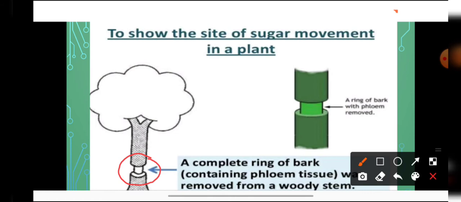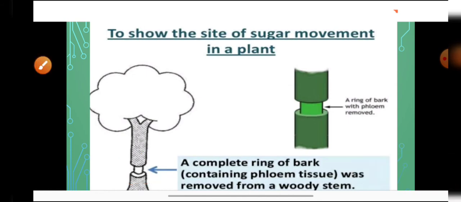If it is the phloem through which the movement of food materials is taking place, then we have interrupted its path. Now the upper part is still connected with the lower part. We have only removed the bark portion, but the upper part is still connected with the lower part through the xylem or the pith tissue. It means the upper part is getting water and minerals from the lower part.